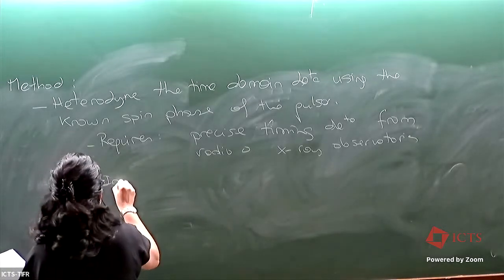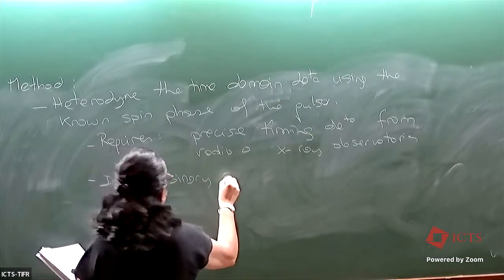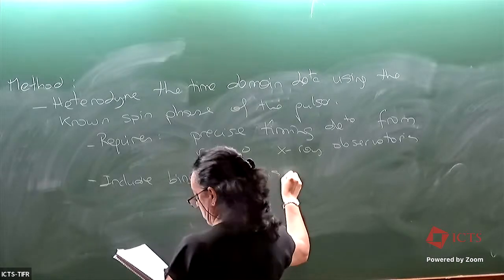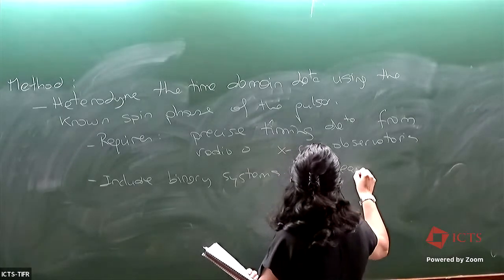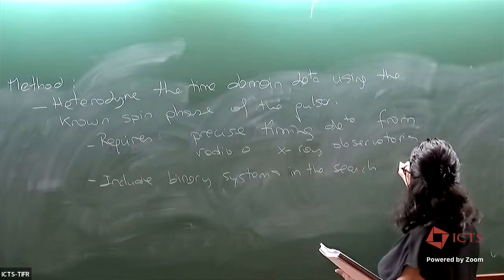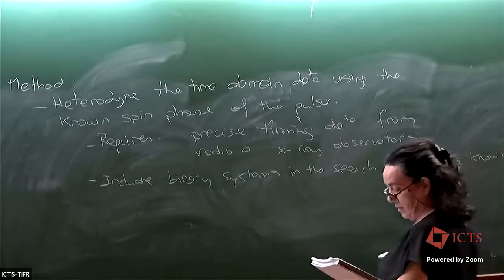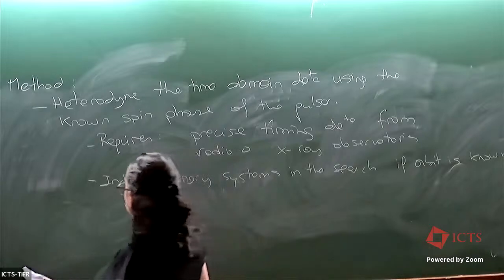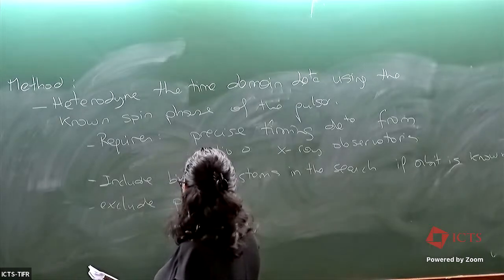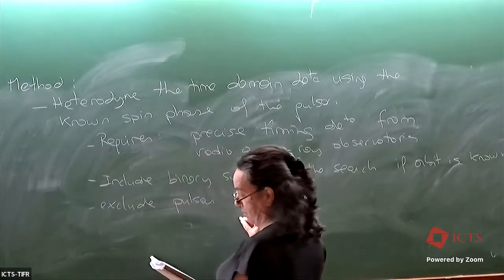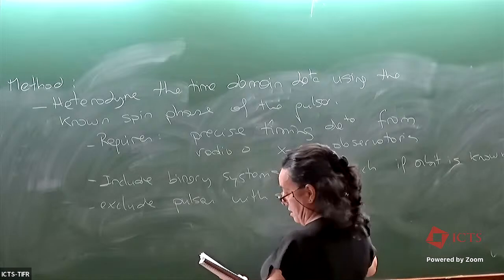There is no problem including binary systems in the search, as far as the orbit is known. But that implies that for this method, we have to exclude pulsars if they have significant timing uncertainties.